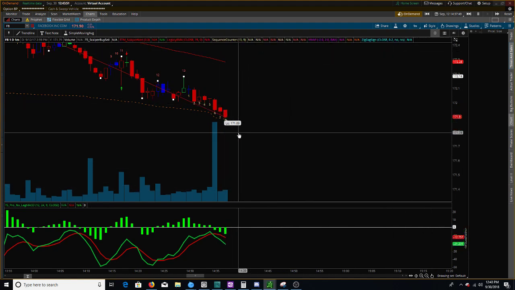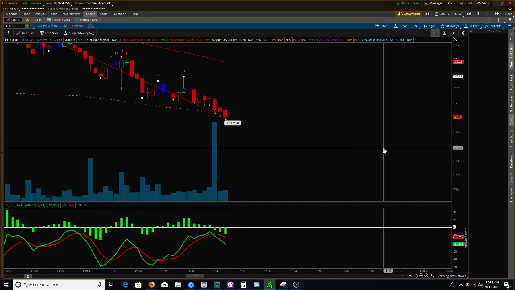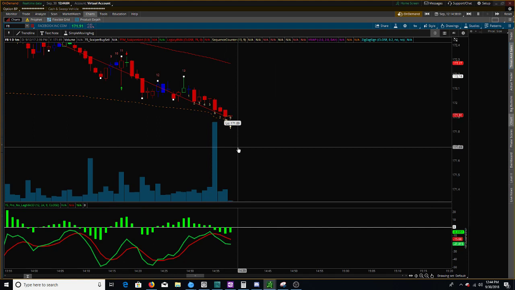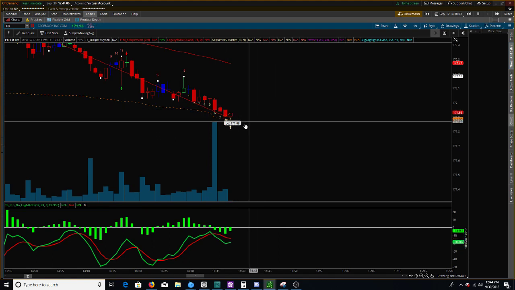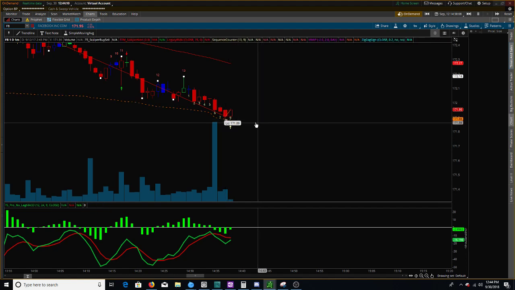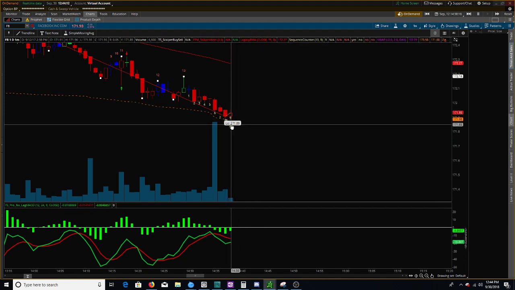So right now I'm just watching it. And this is pretty late in the day too. These type of movements, the volatility outside of the bands, happen right at market open. Alright, so yeah, see, to me I wouldn't enter here because even though you're getting an arrow, I don't know what the low of day was.